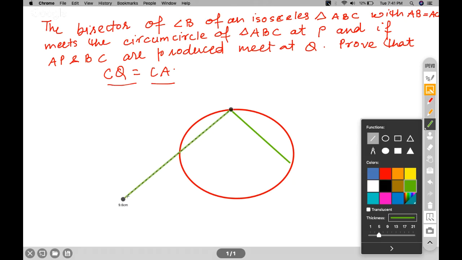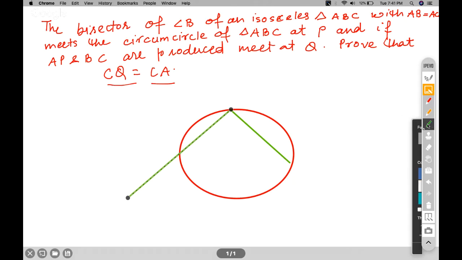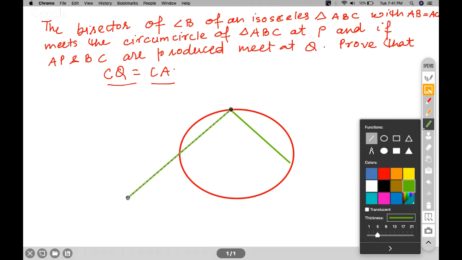So this line is going like this, and this line is going like this, and I am joining these two points.